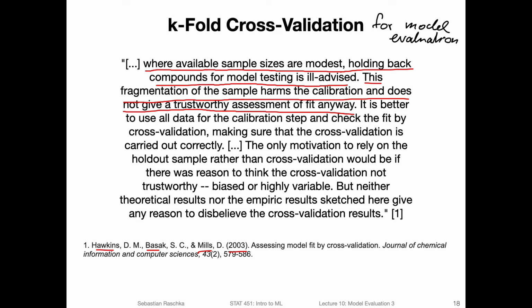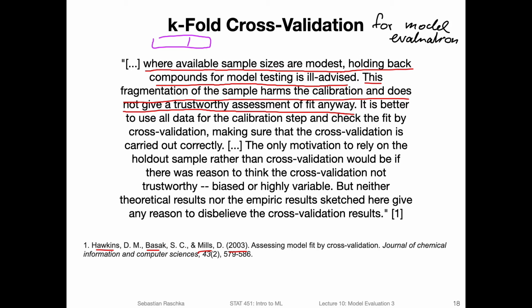That comes back to the method when we have a small data set and we divide it into a validation or test set and a training set. Then the problem is we withhold valuable data from the model training, which is what we talked about before.